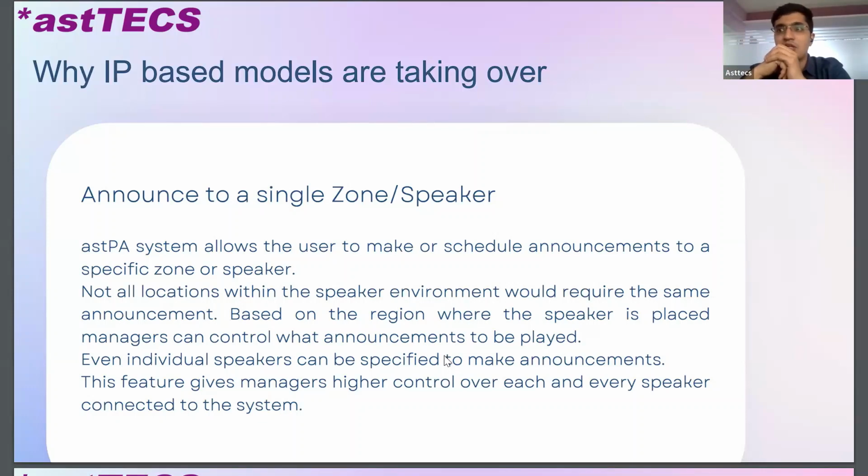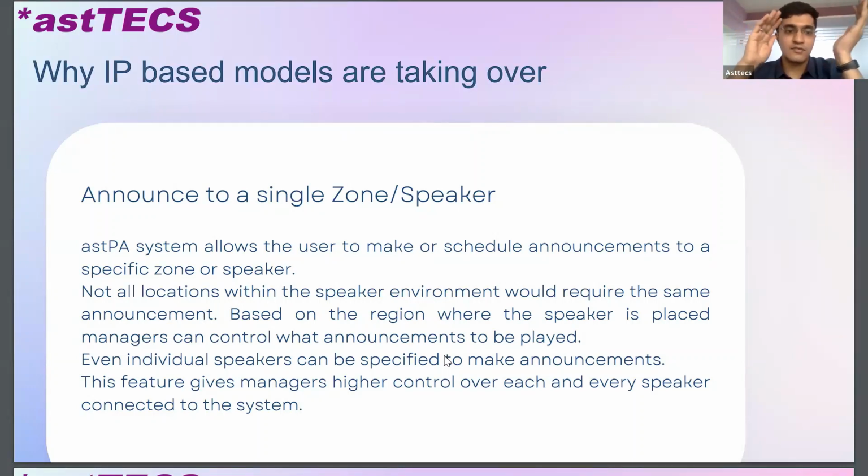So like mentioned before, in an analog case you have one of two options. You can either announce to the analog speaker only, or you can announce to a set of analog speakers that are connected via the amplifier.